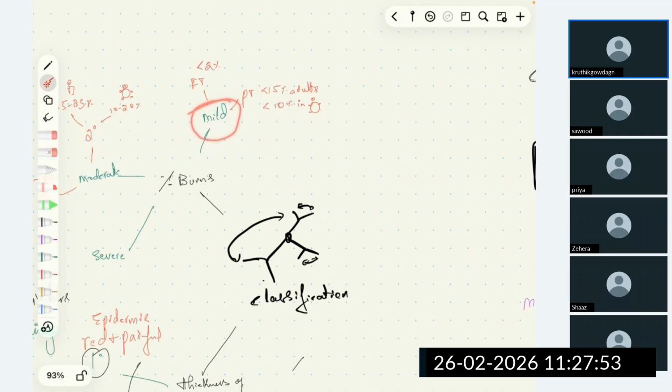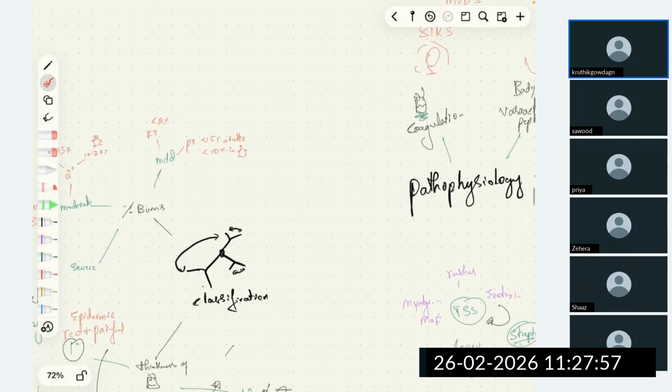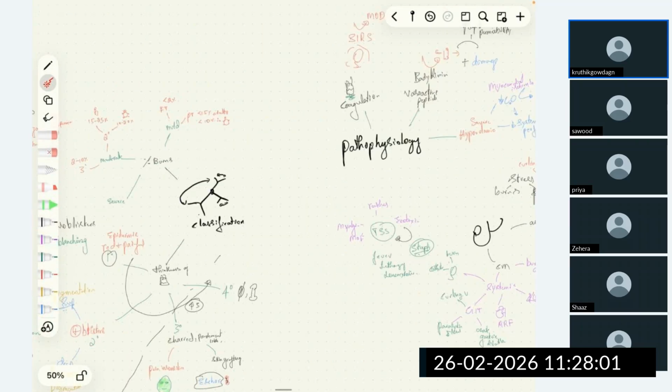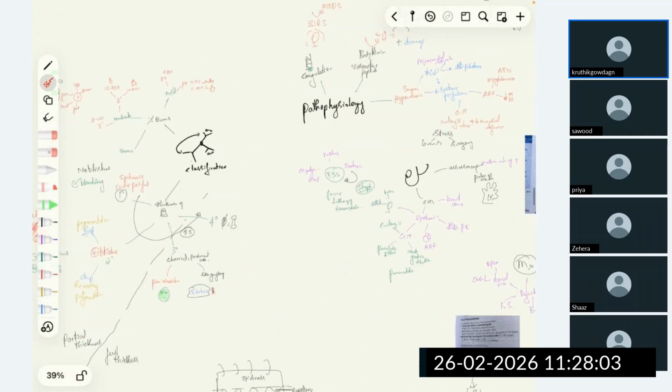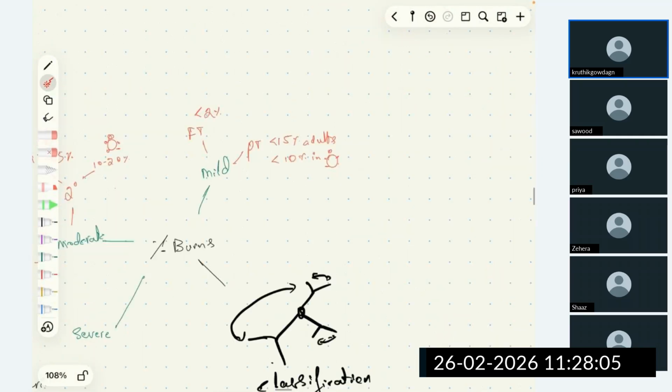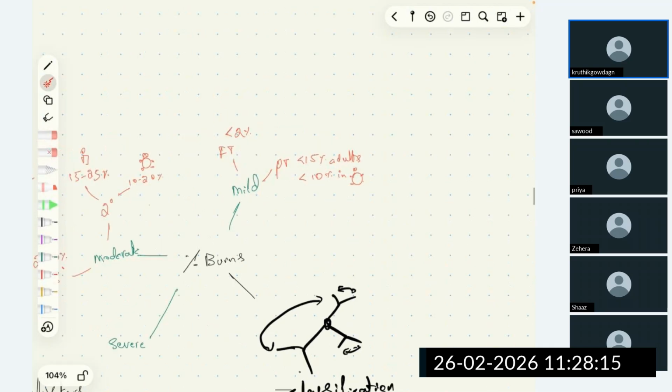If the adult or children have less than 2% of full thickness burn, that is third degree and fourth degree, it is considered mild. Mild is partial thickness less than 15% in adults, less than 10% in children. Full thickness less than 2% in both adults and children.